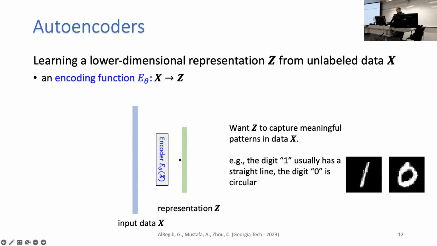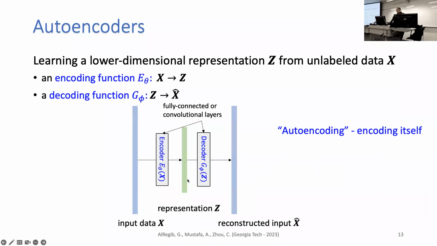The features of a 1 are more of a straight line. The digit 0 is more of a circle or curvature. So these are two different features, but you want your Z to encapsulate both if you want to encode 1 and 0. That's where nonlinearity comes in handy.